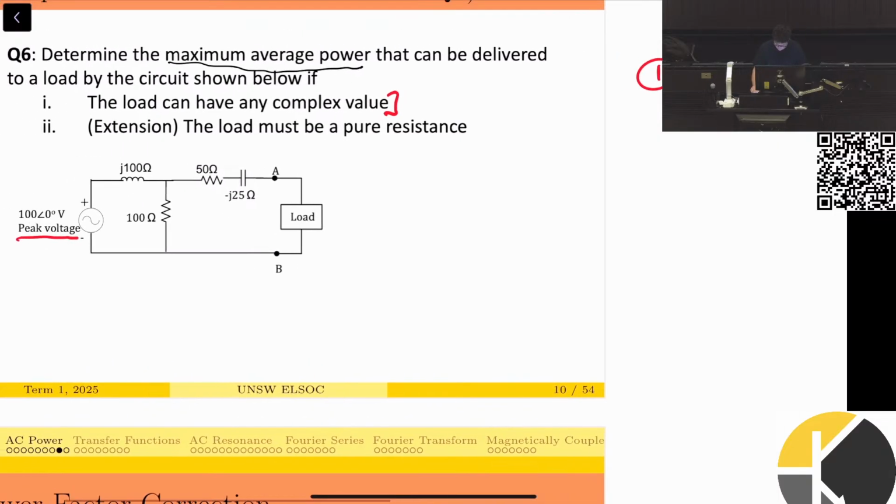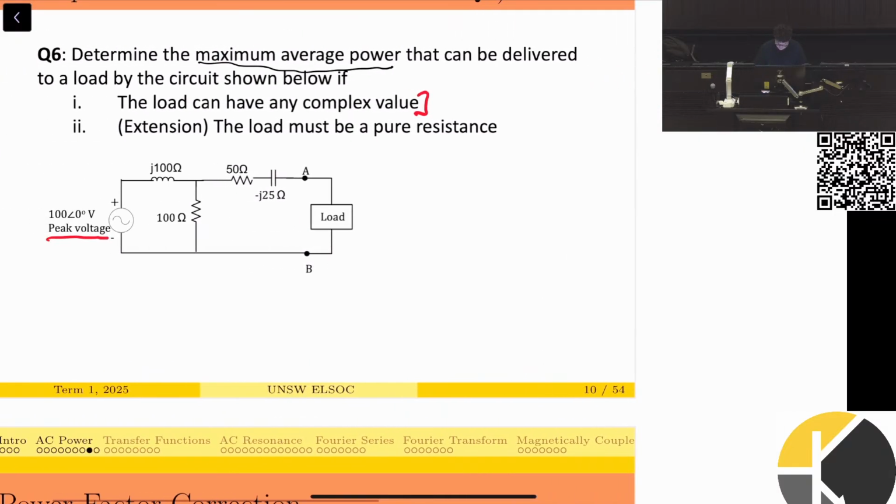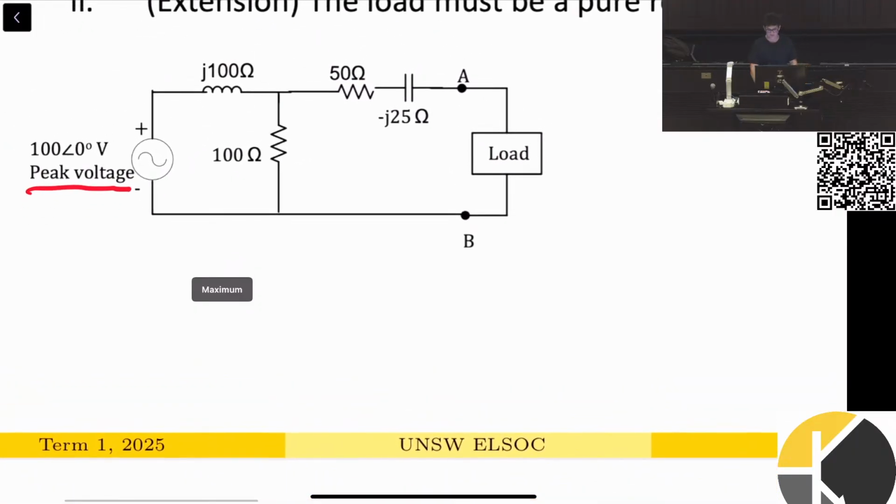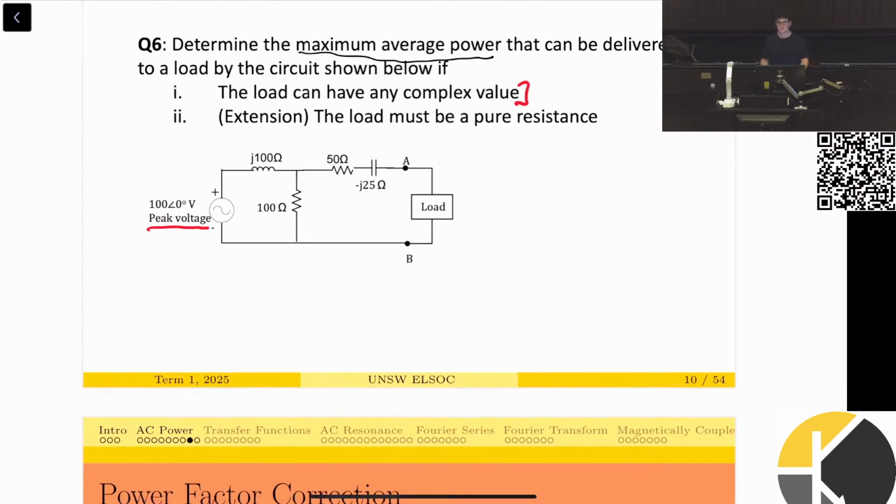This circuit can actually be done in quite an easy way. Does anybody want to guess what kind of method we use to find V Thevenin and Z Thevenin in this circuit? How would you do it?